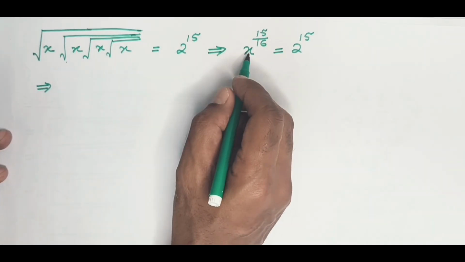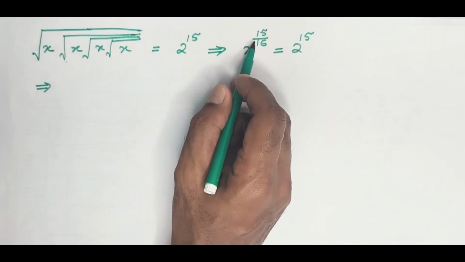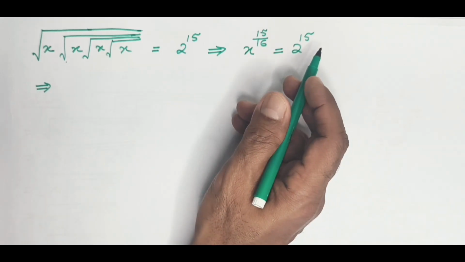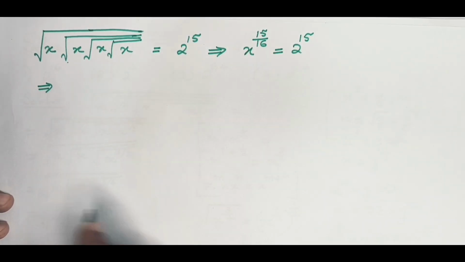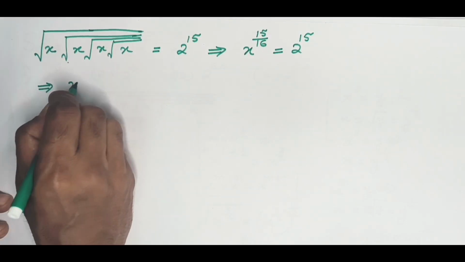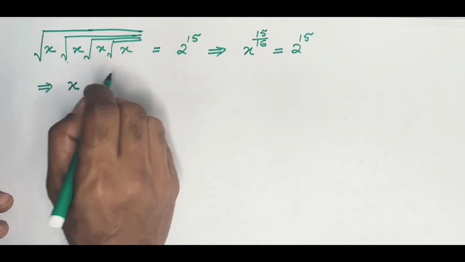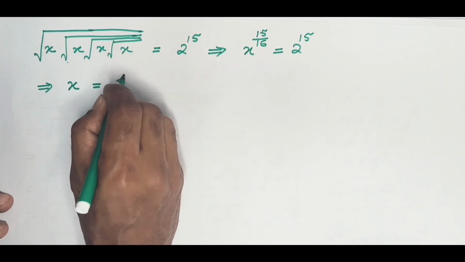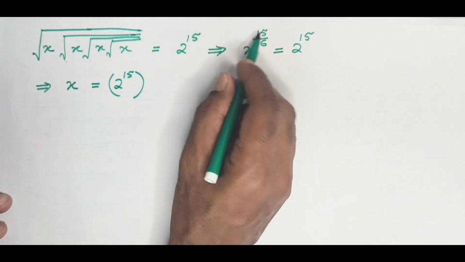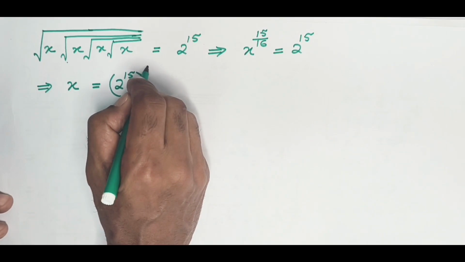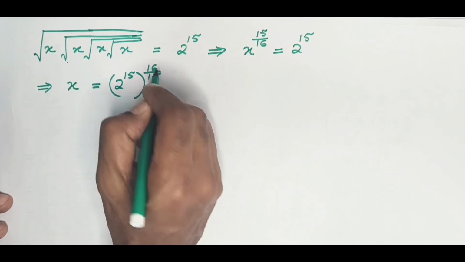Now we're finding the value of x. All you need to do is take this exponent to the right side. And I've already shown that when the exponent is taken to the right side, it will change into its reciprocal. Basically, this is what you're getting. See, x equals 2 to the power of 15. This is what you have on the right side. Then when this is taken to the right side, the whole to the power of 16 divided by 15.